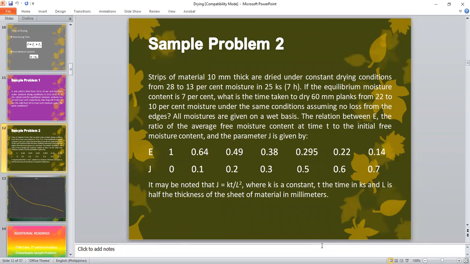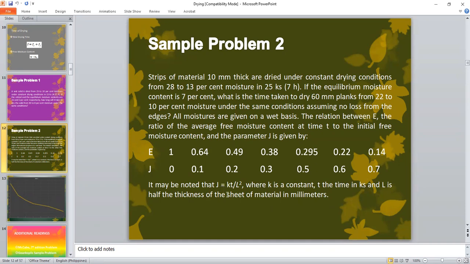T is the time in kiloseconds, and L is half the thickness of the sheet of material in millimeters.